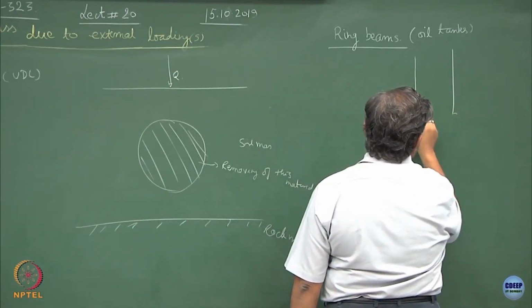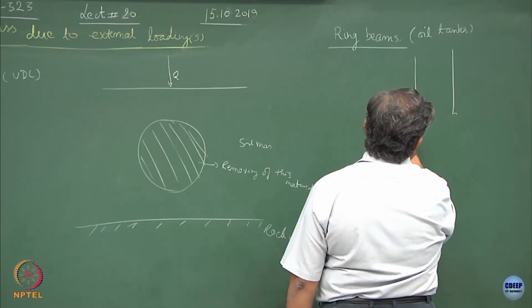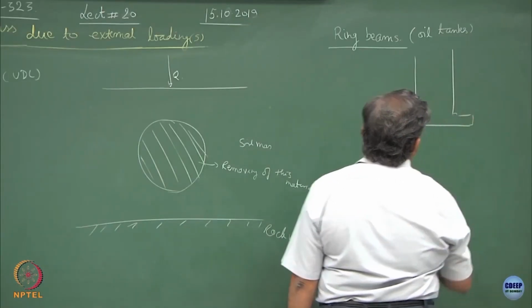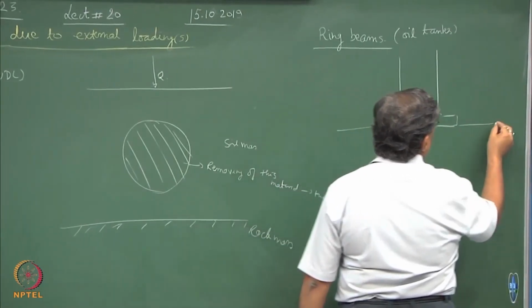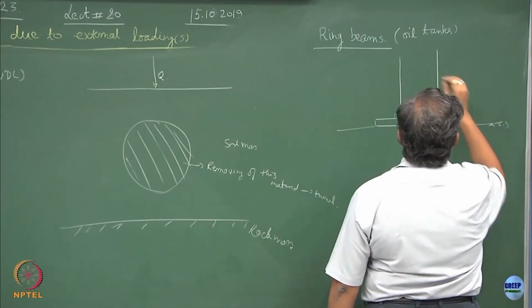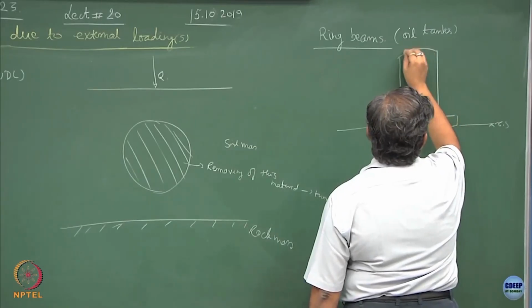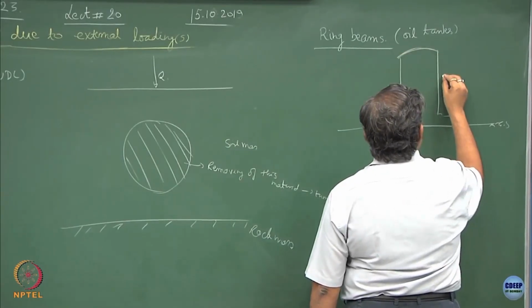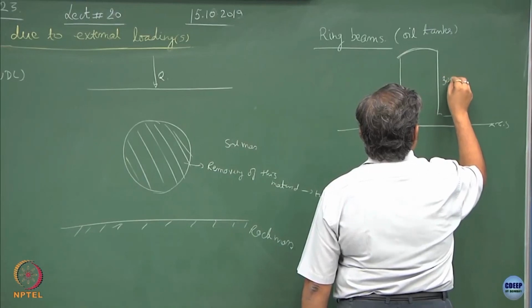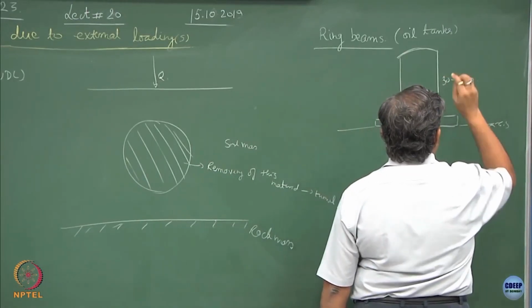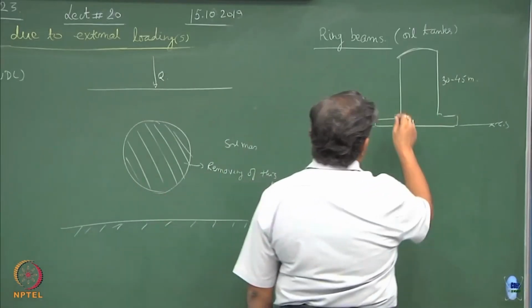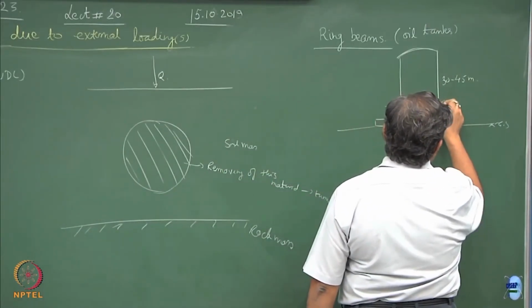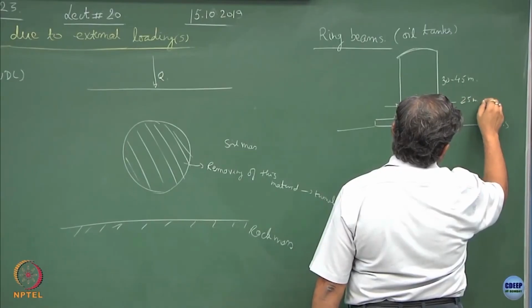They normally rest on a big pad, and this happens to be the ground surface. Normally we put a lid on the top of this. These are typically 30 to 45 meters high, huge structures, and the diameters could be, depending upon your requirements, 25 meters to 60 meters or whatever.